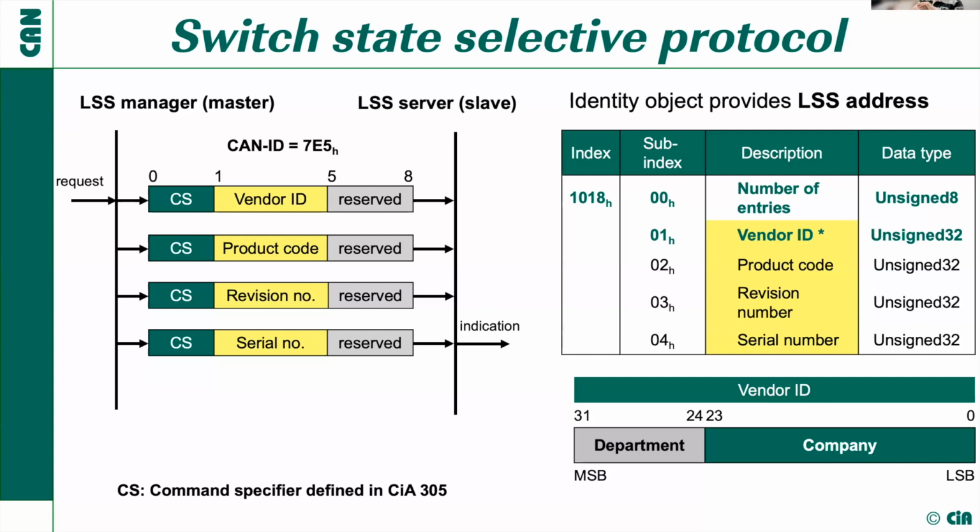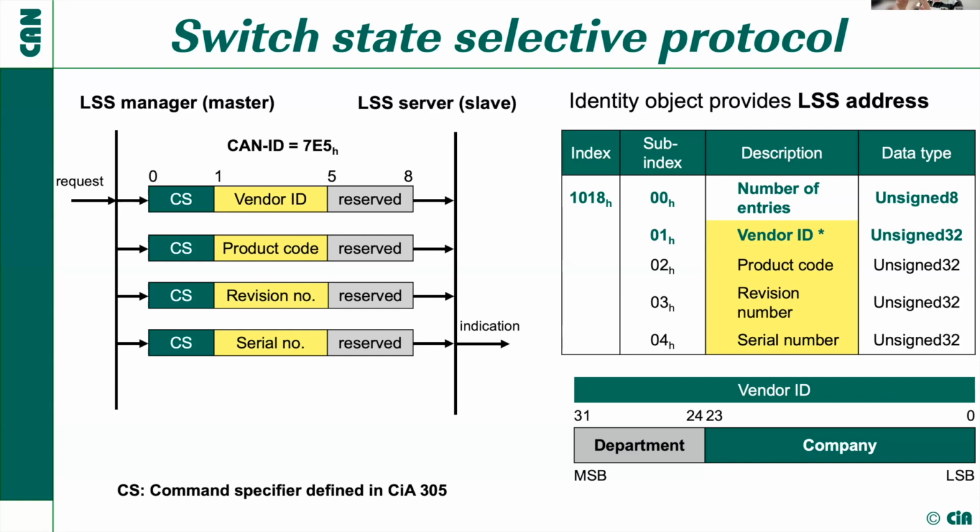The revisions of one product can be distinguished via the revision number. And finally, one candidate of one revision can be selected by the serial number. So in total, the vendor ID, product code, revision number, and serial number, this 128 bits composed of these four times 32-bit values, is one unique address for one CANopen device in the embedded world.